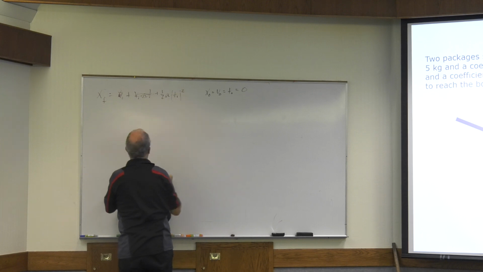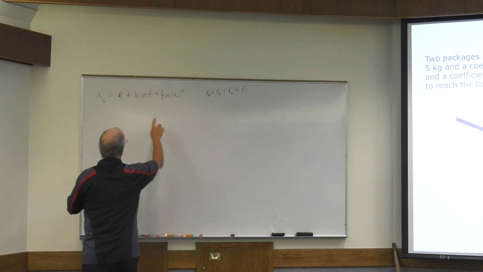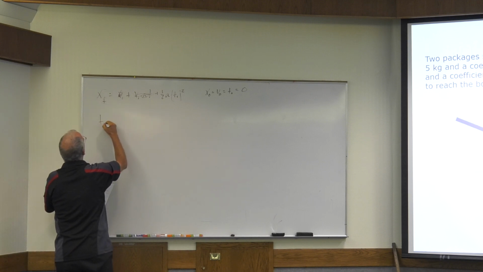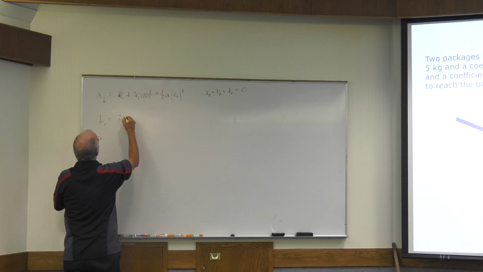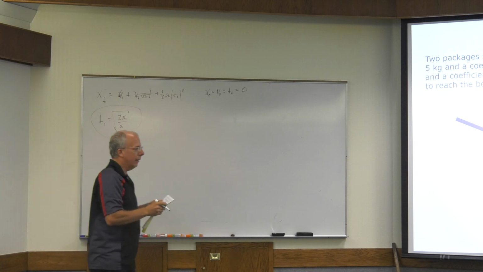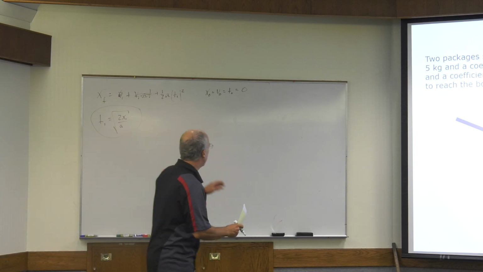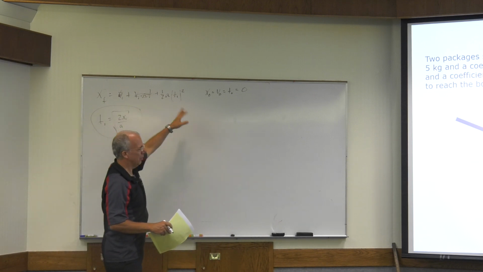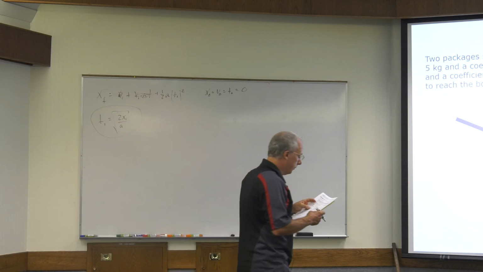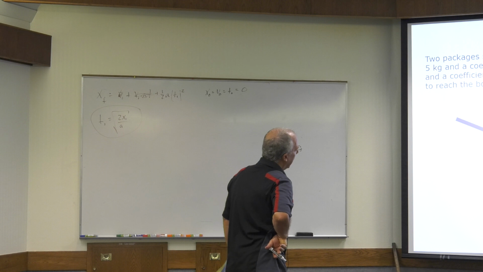We're trying to solve for t1, so multiply by 2, divide by a. So t1 equals the square root of 2x1 over a. You should be able to do this by now pretty much in your head, the kinematics. Okay, so we have to find a.